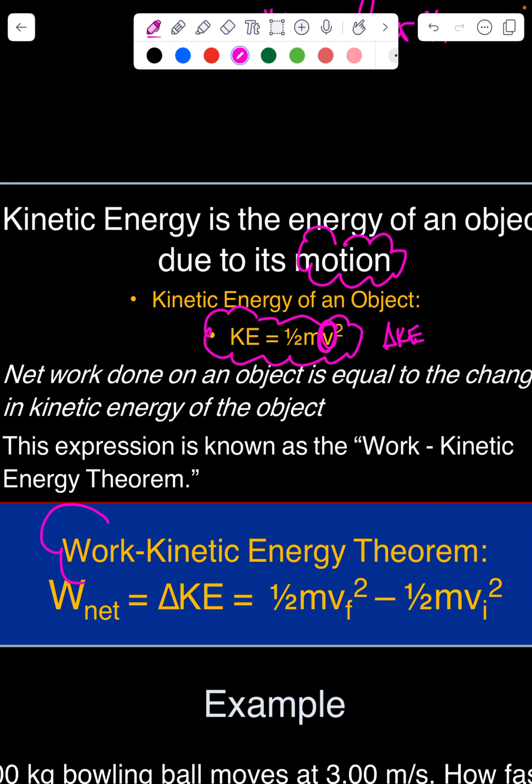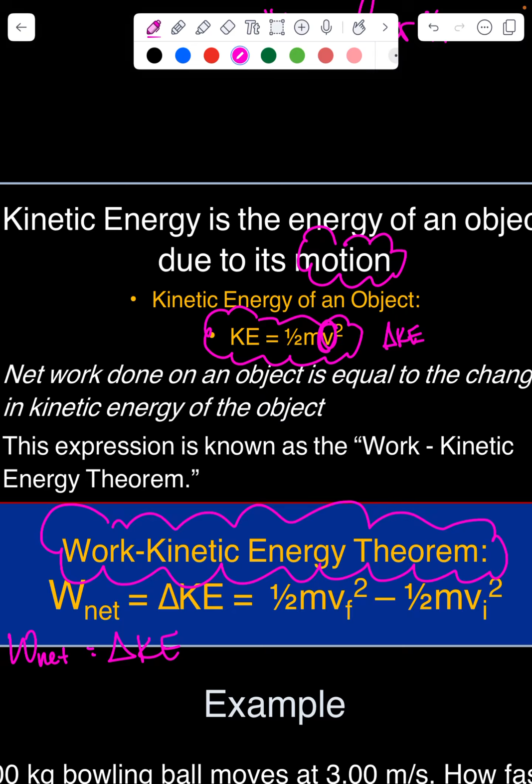So that leads us to our last equation for today, and that is the work kinetic energy theorem. Our net work done on a system is going to equal that change in kinetic energy. This is the only part of this equation that you will be given on a test or a quiz.